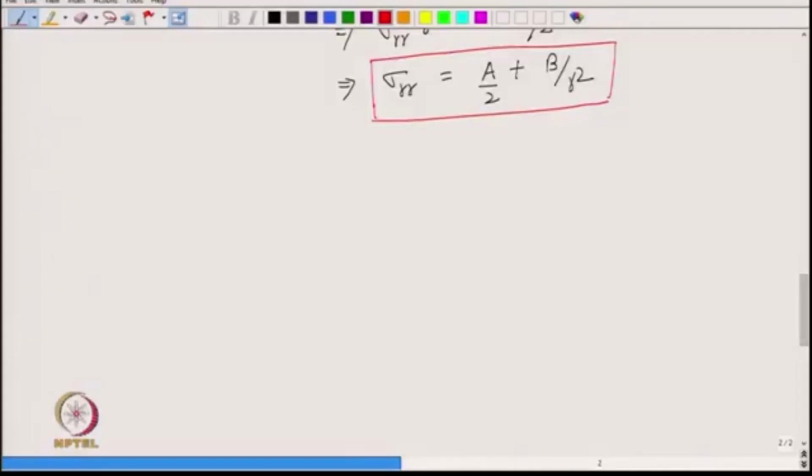So, for example, in our own problem, we have this cylinder and then we know that internally we are applying this pressure, correct.